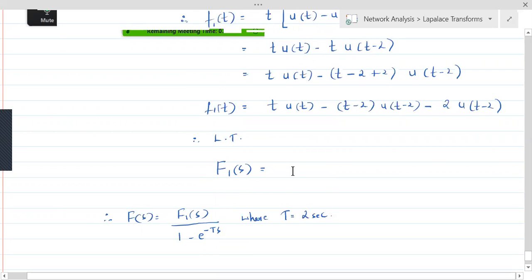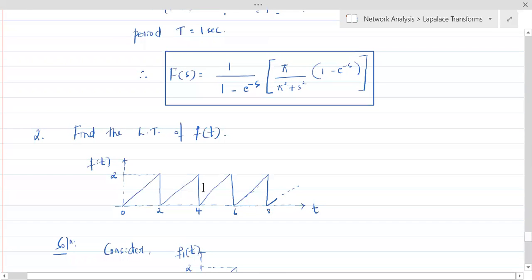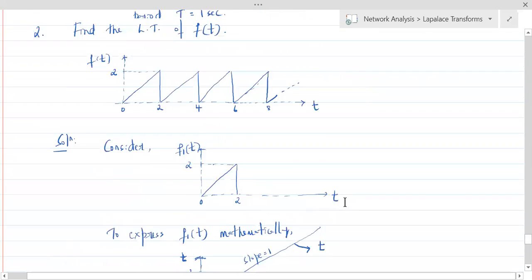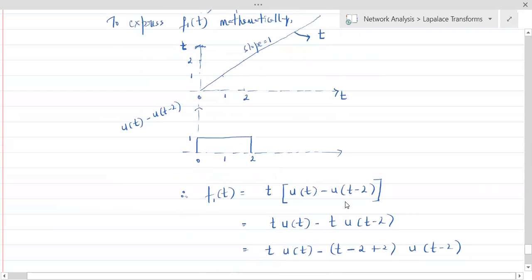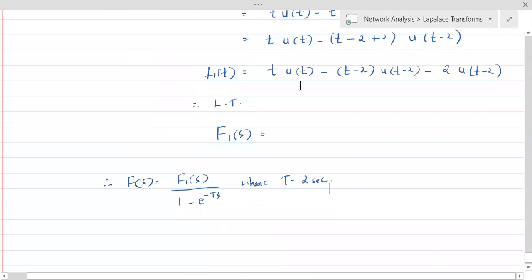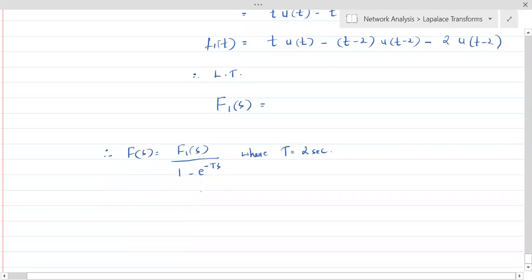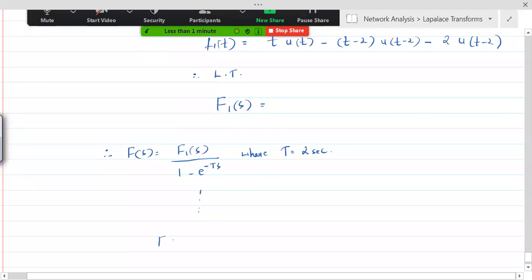Why? Because it is repeating after every 2 seconds, so the fundamental period is 2. And f1 of s you can obtain by applying the Laplace transform. Substitute that f1 of s here and write f of s. That is going to be the answer for this.